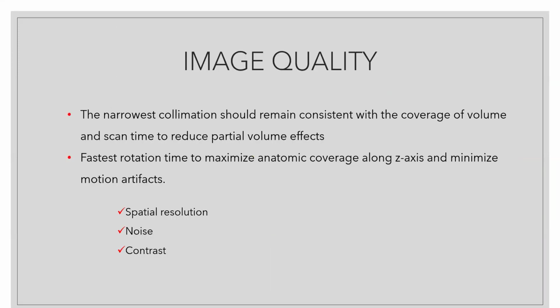Coming to the image quality, the narrowest collimation should remain consistent over the coverage of volume and scan time to reduce partial volume effect. Fastest rotation time to maximize anatomic coverage along the x-axis and minimize motion artifacts.